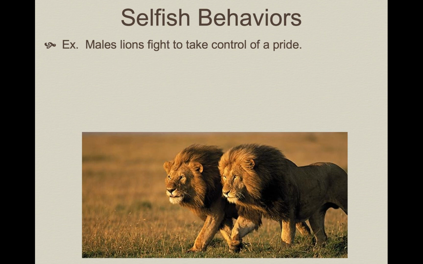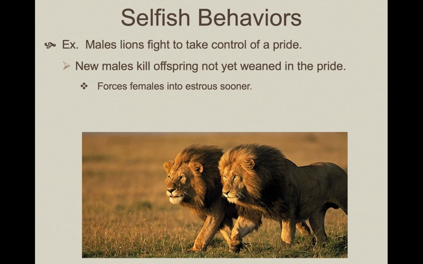Male lions fight to take over control of a pride of female lions when they're in their prime. When they do that, they have absolute mating rights with all of the females in that pride. But they have a very short time period in which they're able to maximize the control of that pride before other males in the population are going to challenge them to take over that pride.